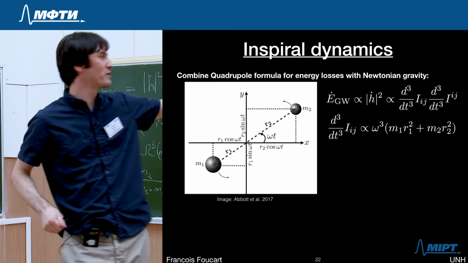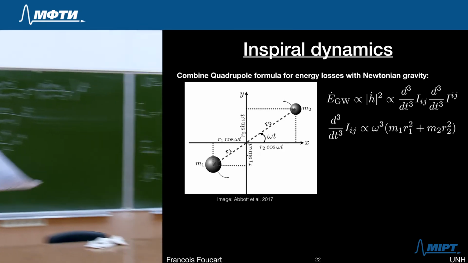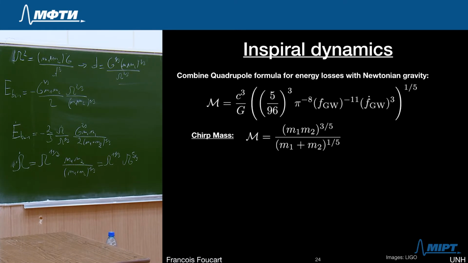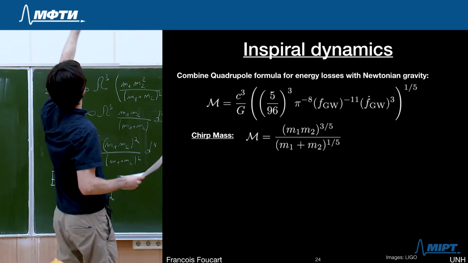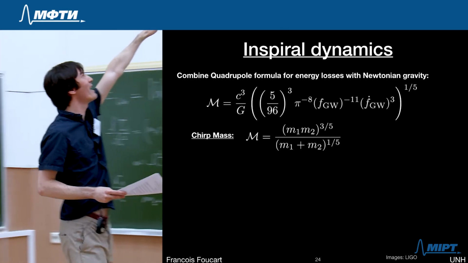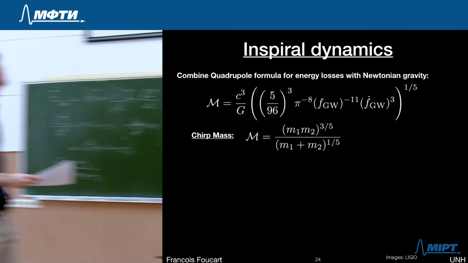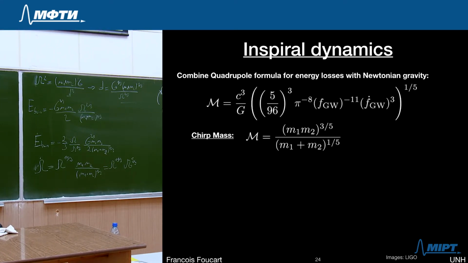So the chirp mass is defined so that it has the units of mass, as a proper combination of m1, m2, and m1 plus m2. Again, I should have written proportional instead of equal.